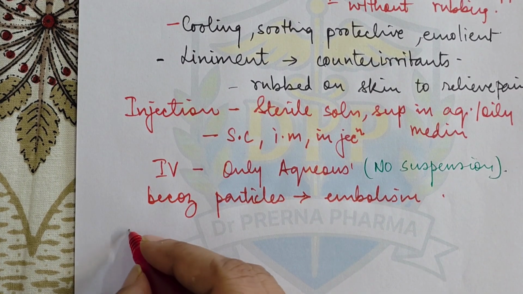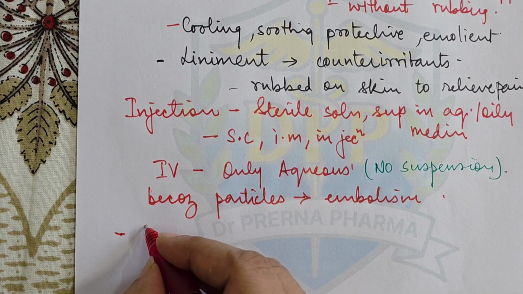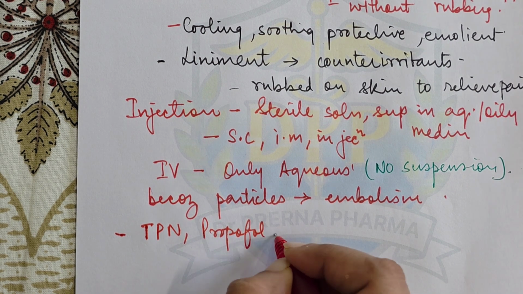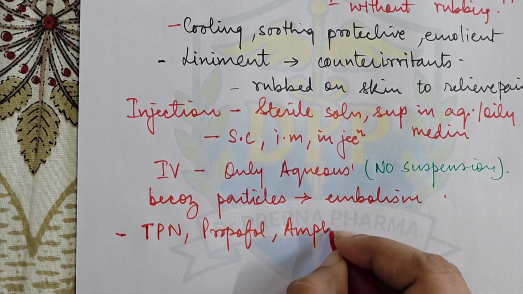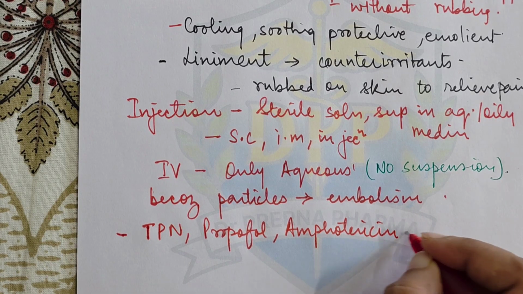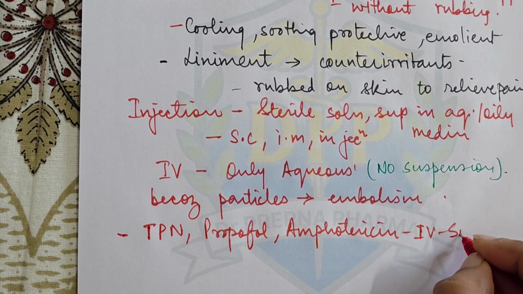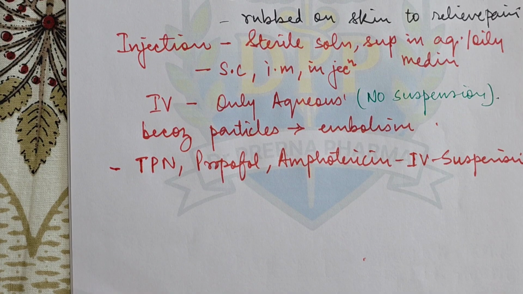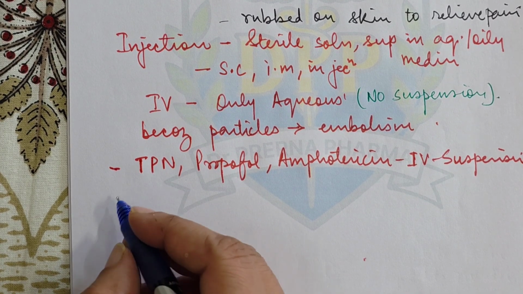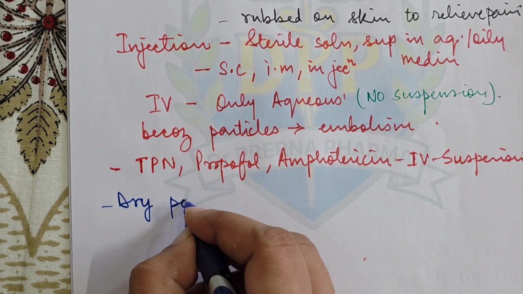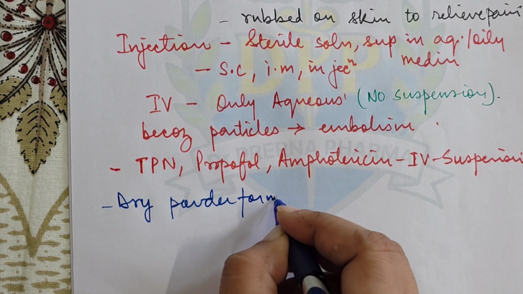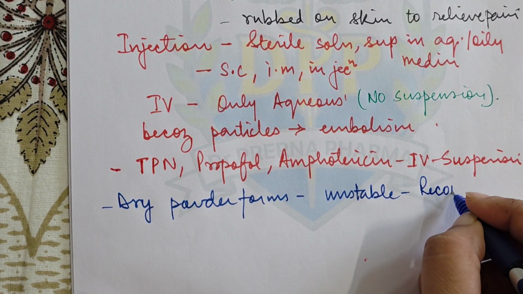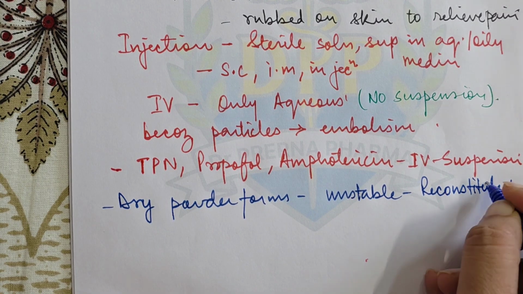However, some drugs, for example TPN or propofol, or drugs like amphotericin B, are usually injected IV and they are suspensions or emulsions. Okay. Then some drugs are unstable in aqueous solution, so they are given in dry powder form and reconstituted at the time of application.